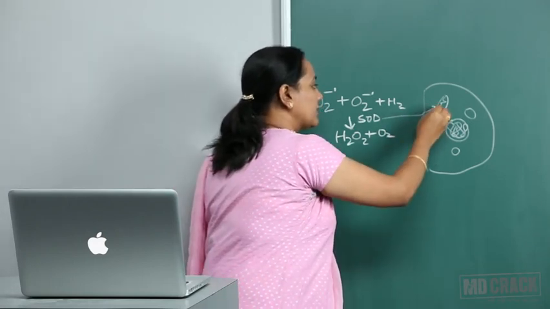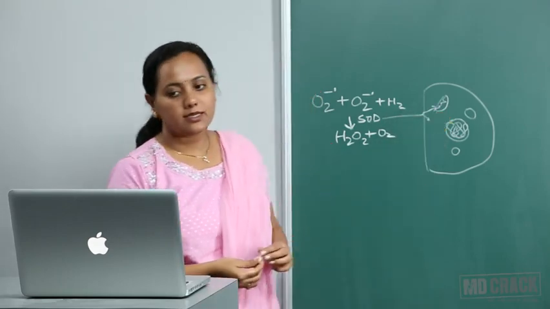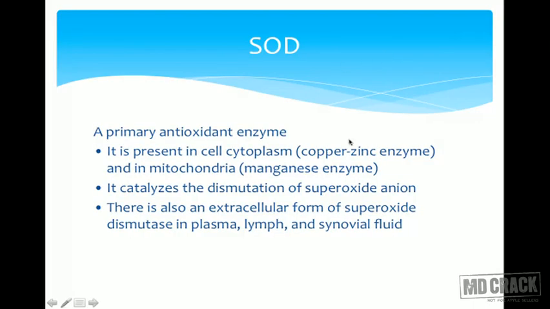Now in both these there is a slight difference. One is a copper containing enzyme, copper zinc enzyme, which is present in cell cytoplasm, and in the mitochondria it is a manganese containing enzyme. It catalyzes the dismutation of superoxide anion. There is also an extracellular form of superoxide dismutase which is present in plasma, lymph and synovial fluid.